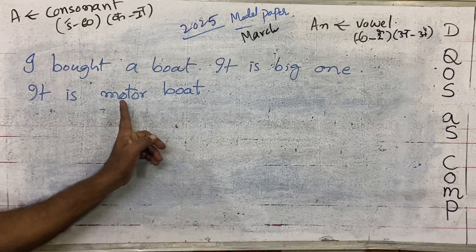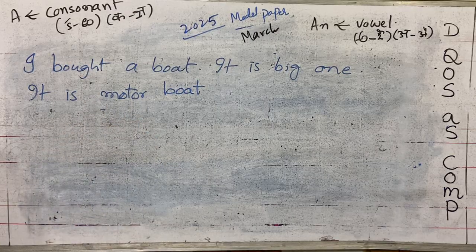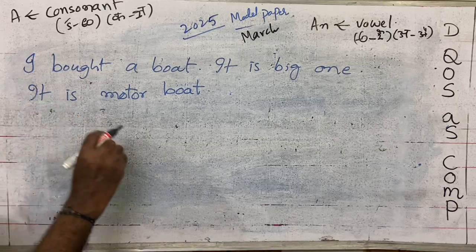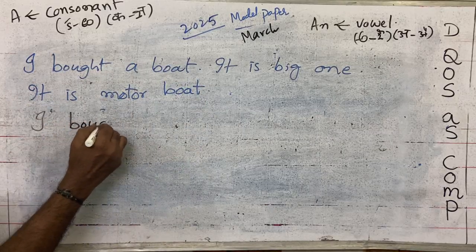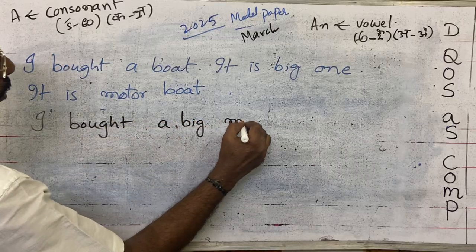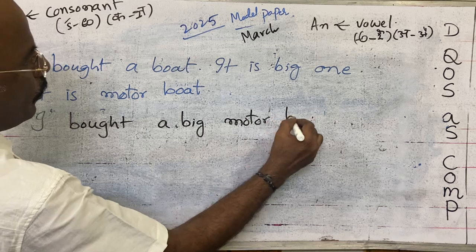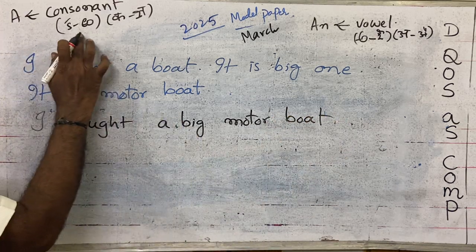Big. What is it made of? Motor. So here you are taking a big boat that is also a motorboat. A big motorboat. I bought a big motorboat. As it is the ba sound, papa, baba, ma.